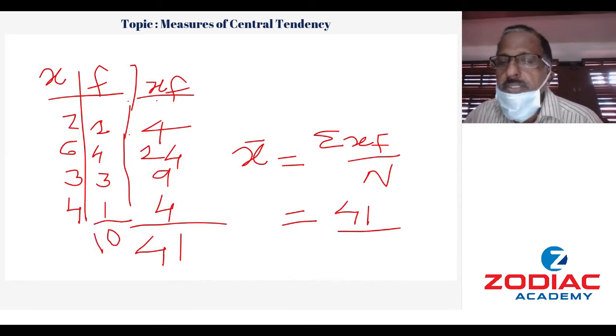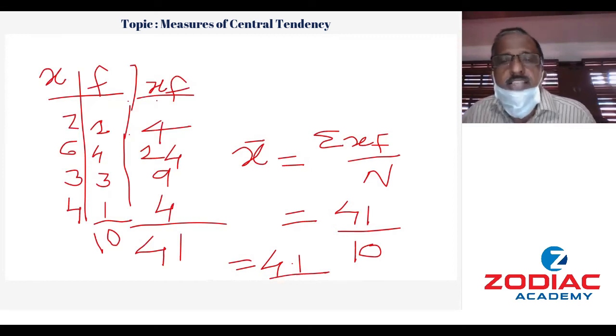So this is 41 divided by 10, that is equal to 4.1. This is the answer.